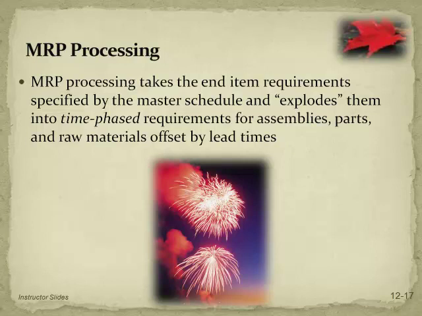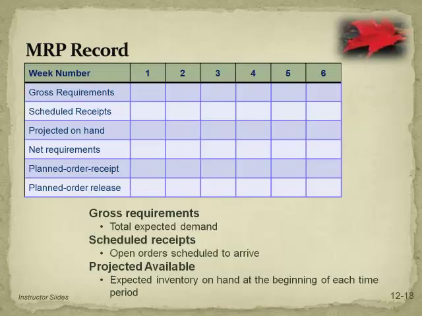What explode basically means is that it's going to go through each of them in a very organized fashion and determine what the time-phased requirements are for all the materials. So when we say time-phased, what we're talking about are two things: that we need a certain quantity of a certain item, and we need it on a certain date. Needed on a certain date. So we refer to that as time phasing the demands or the requirements.